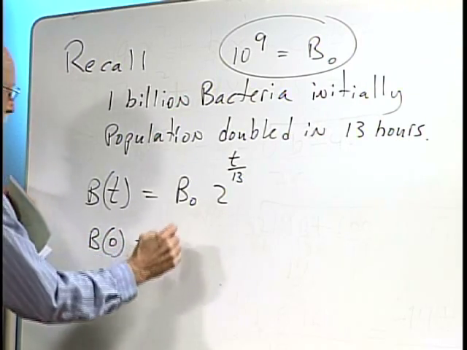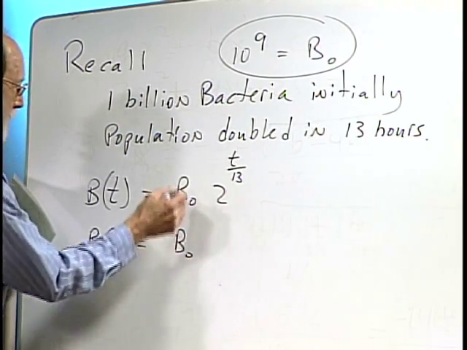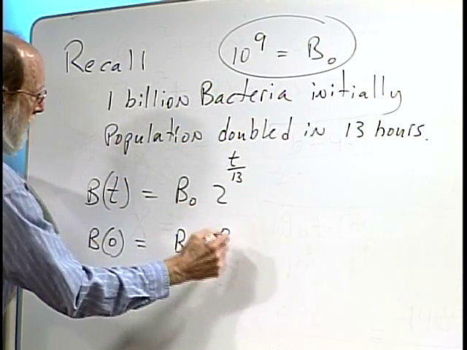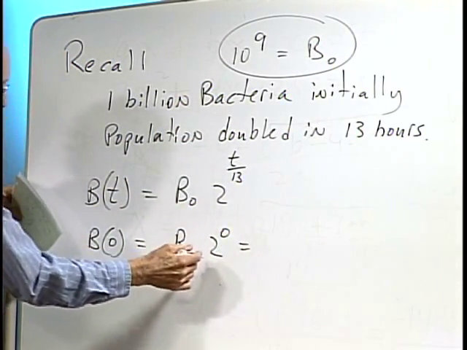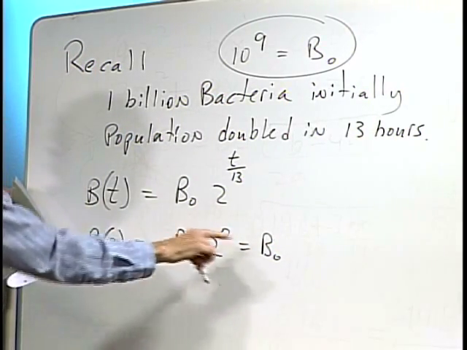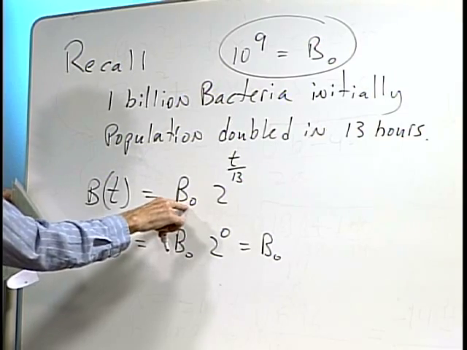With 0 in for time, then we have the initial population times 2 raised to the 0 power. And that turns obviously to 1, and so we end up with that initial value, B naught, which you see right here in the model.